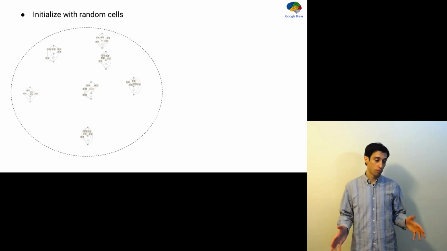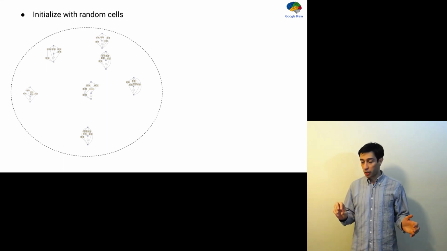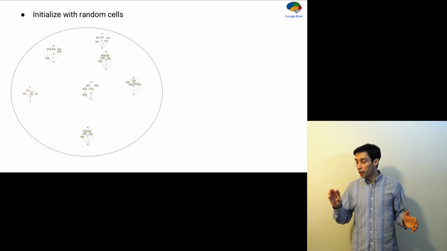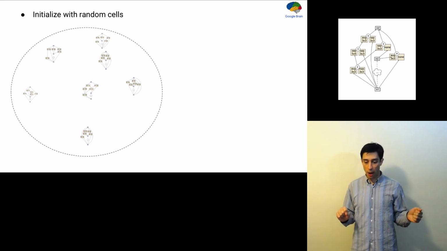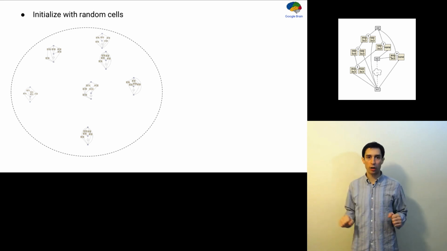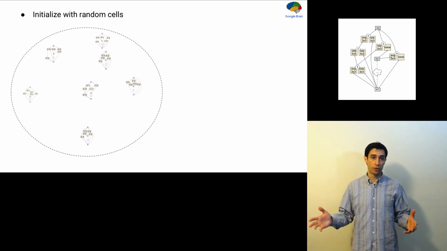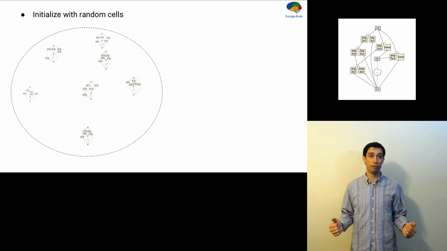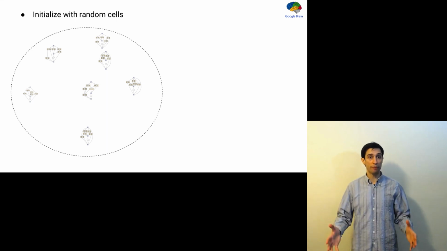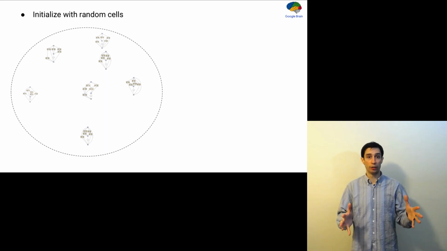Each of these models, maybe 100 or 1,000 of them, has an architecture, and each architecture is chosen at random, meaning in that diagram that we were just talking about, all the operations are chosen randomly from the list of allowed operations, and the arrows are hooked up in random ways with the constraint that they cannot form loops so as to preserve the feed-forward structure of the ConvNet. All right, once we have this set of initial architectures, they're all trained and evaluated on the dataset, so we have an accuracy for each of them, and that's our initial population.